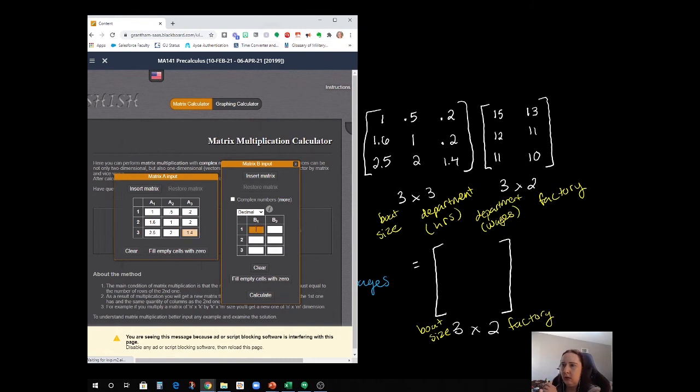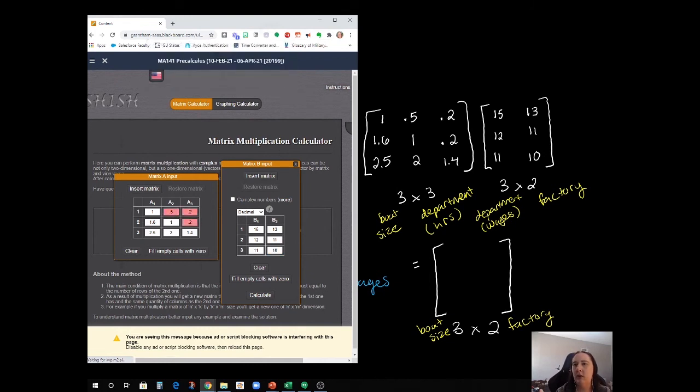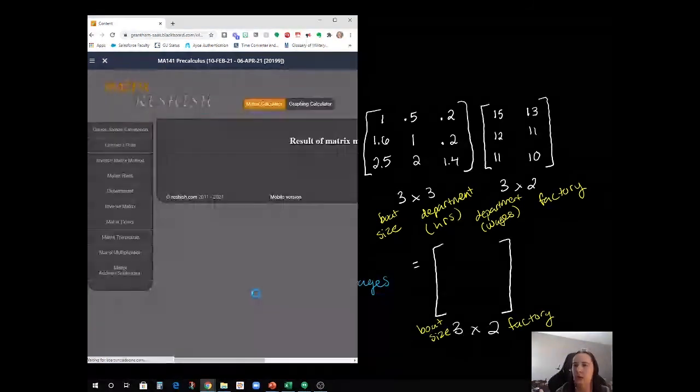And then I'm going to click in my next one. Okay, and then calculate. I think it doesn't like that I don't have a 0. Yeah, so all the ones where I didn't put a 0 in front of the decimal, it wants a 0. So I just have to make sure I enter that in. Now it should work.